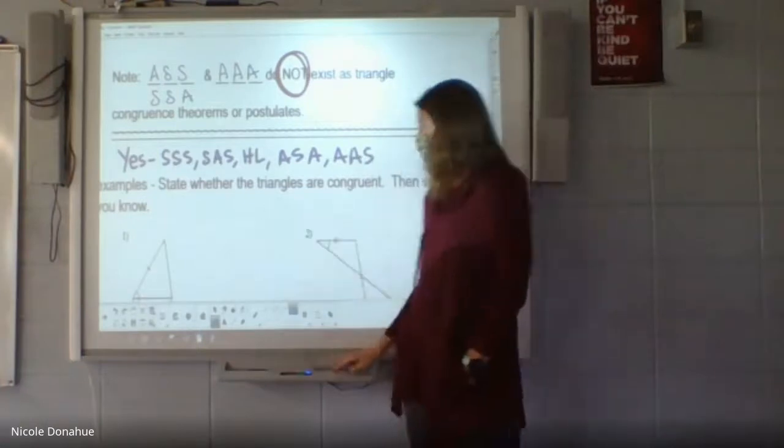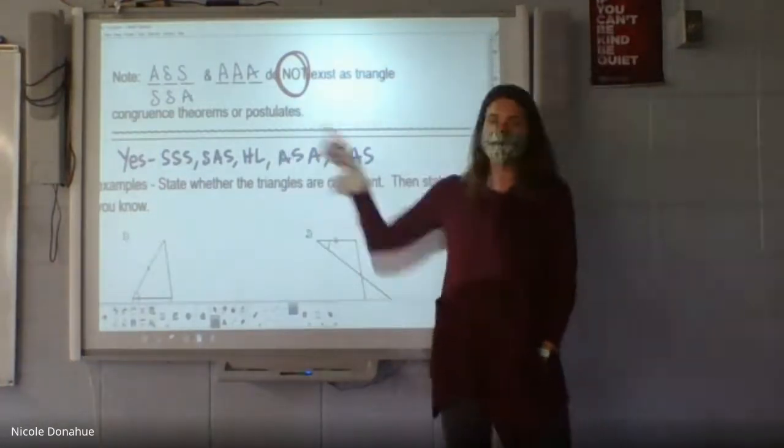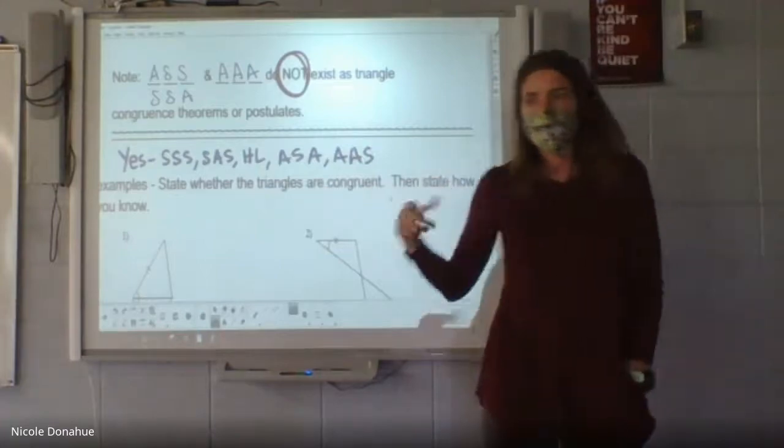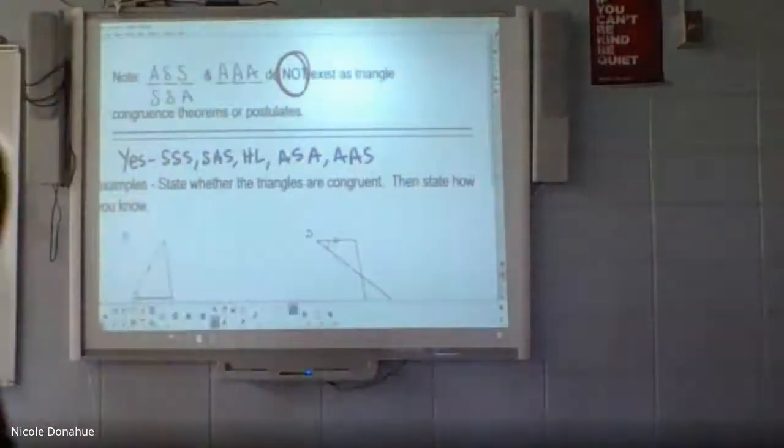State whether the triangles are congruent, then state how you know. If it's yes, you have to use one of those 5. So take time to work through the next 7 problems, and then we'll come back and talk about them together. So just this page, these 7.